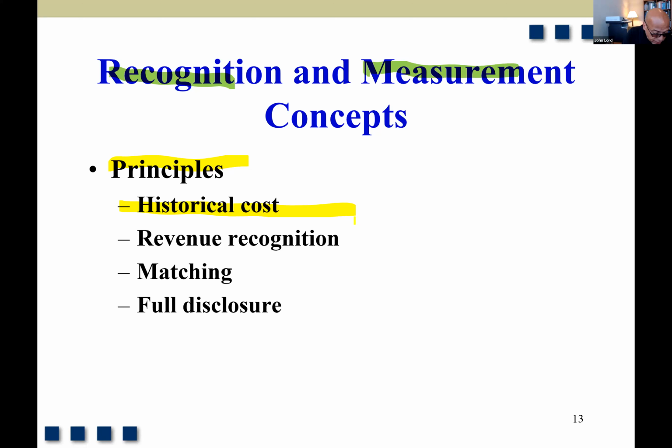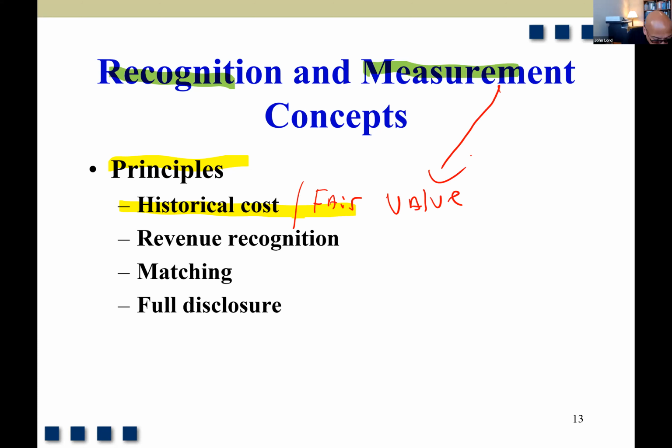So even though we're calling out historical cost here, there are some assets, and it depends. If it's a financial asset, then they tell us you can go ahead and carry that at fair value. So both of those are considered correct measurements. Here we're talking about measurement, correct measurements, but it really depends on what we're talking about.